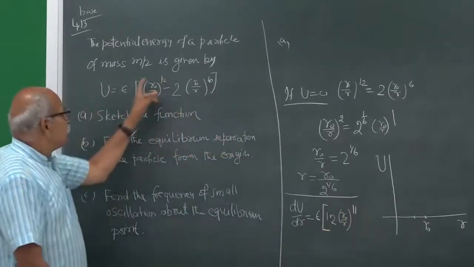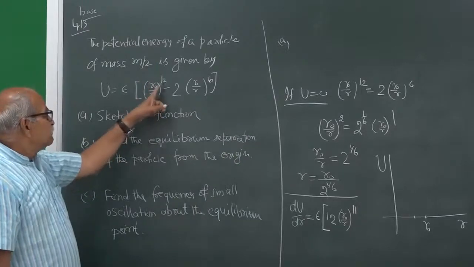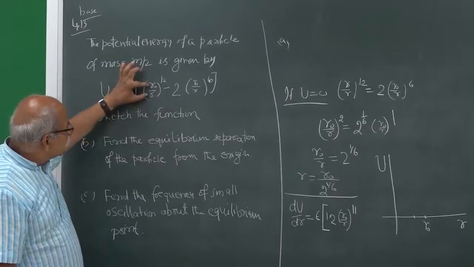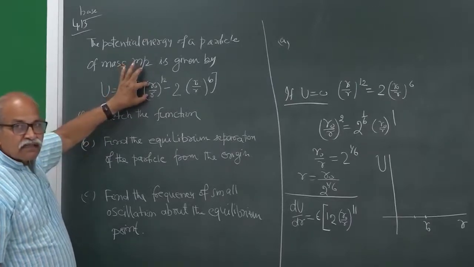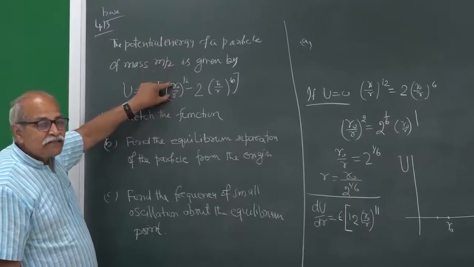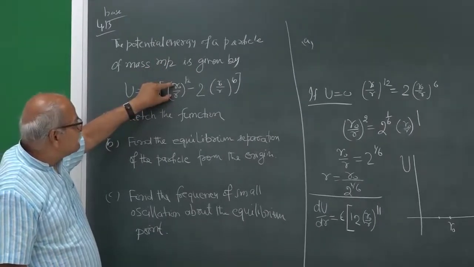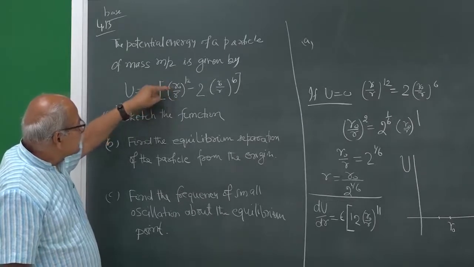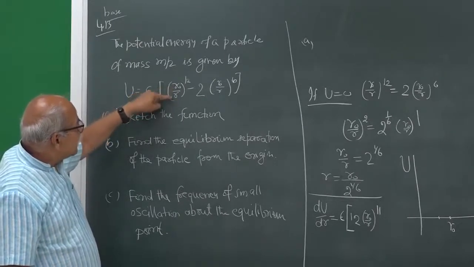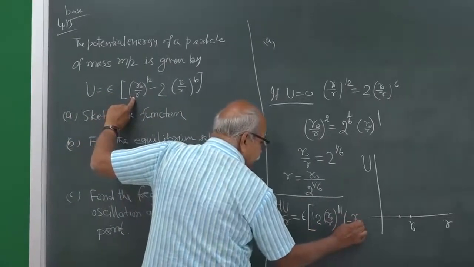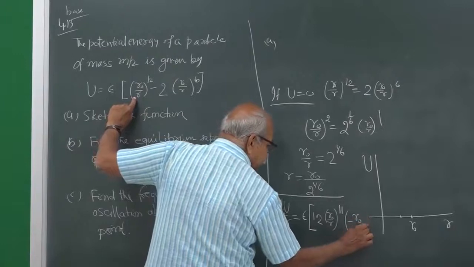I have differentiated this term with respect to r naught by r, and so I have to multiply by the derivative of r naught by r with respect to r, which will be minus r naught by r square.